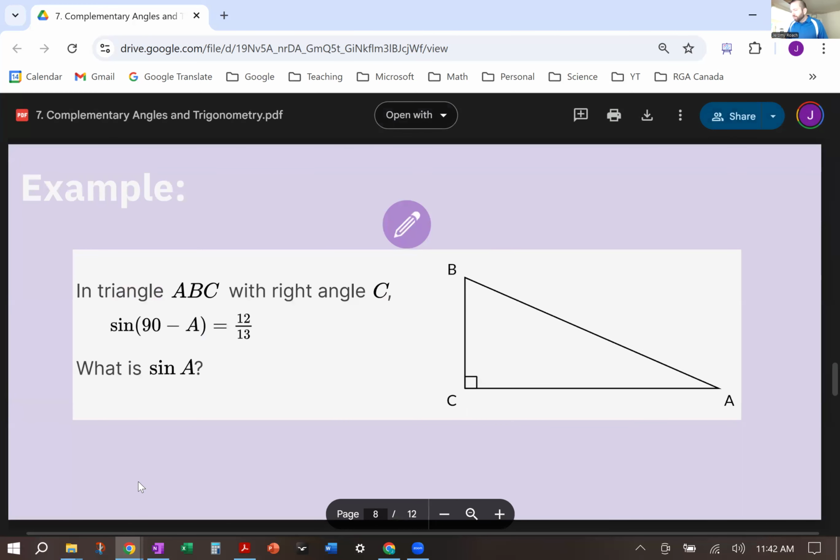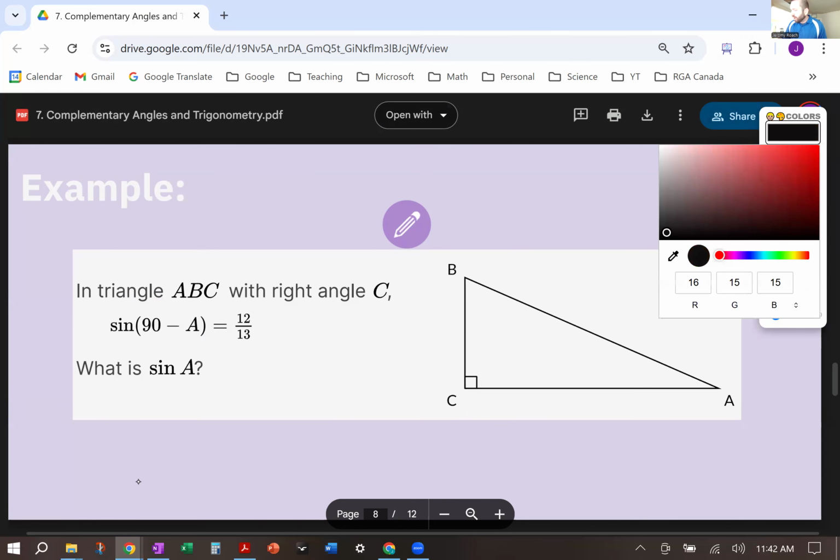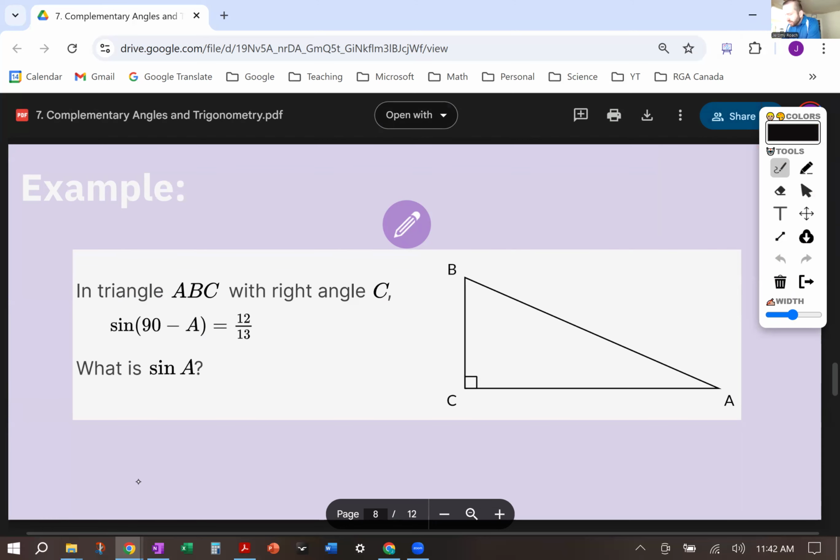Let's look at one more. It says sine of 90 minus A, that's B. B is 90 minus A. And it actually tells us what it is. It says that that is 12 over 13.